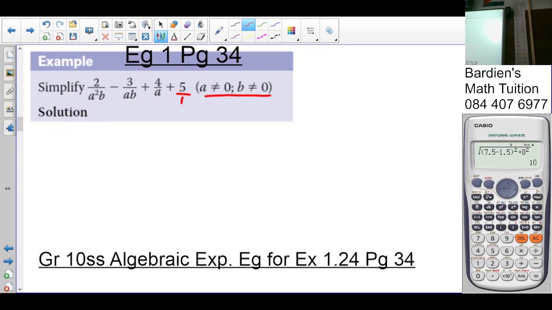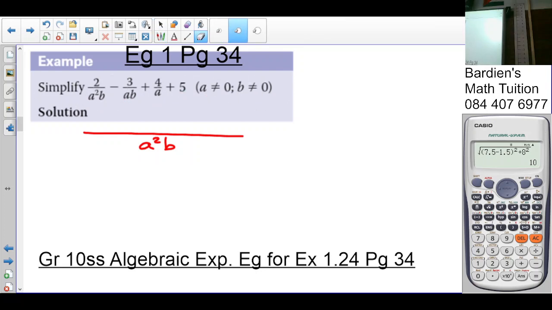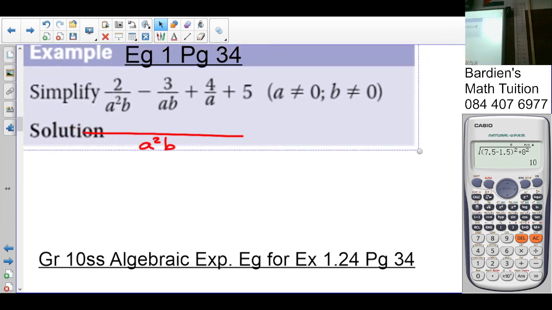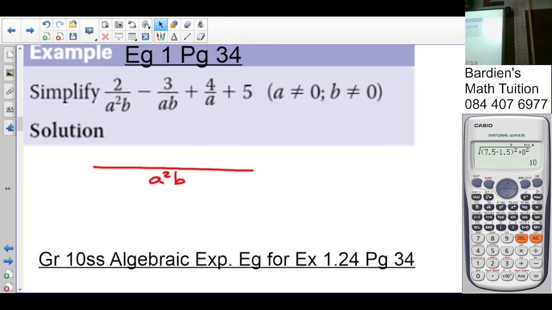So what is my LCM here? A squared b. So that's now accounted for. Is the a and the b accounted for? Yes, the a, yes, and the 1, yes. You all understand? So the question you should be asking yourselves, to get an equivalent fraction: what must a squared b be multiplied by to get a squared b?